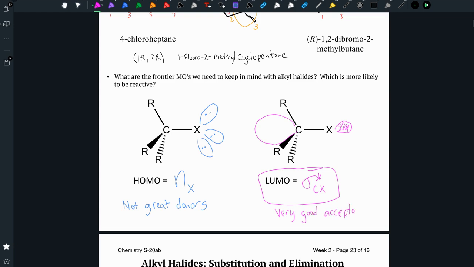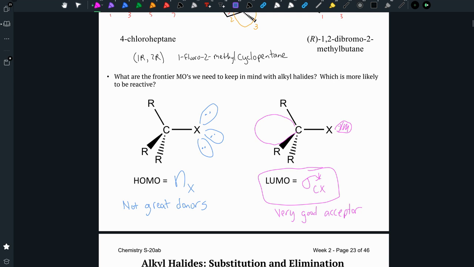And that's because halides have very high electronegativity, which means these orbitals have very low energy. One thing I'll point out from the start is that fluorine usually is in its class by itself.